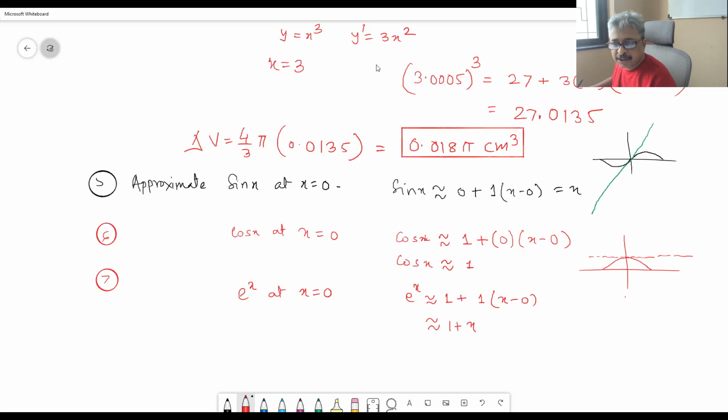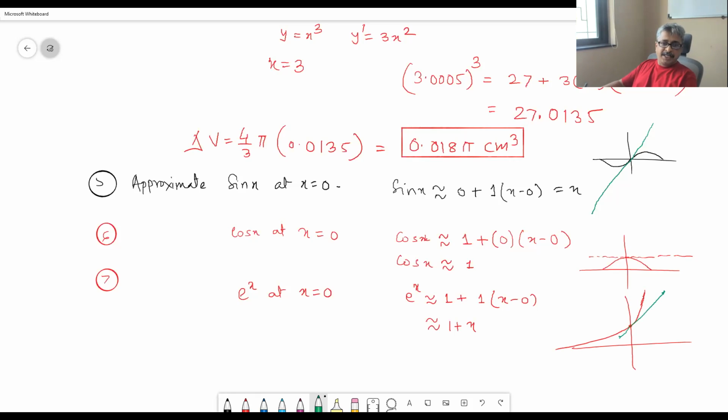Okay, so it is like this. e raised to x is like this, and at 0 it is 1 plus x. So y-axis intercept is 1 and slope of tangent is 45 degree. So this is as far as linear approximation is concerned.